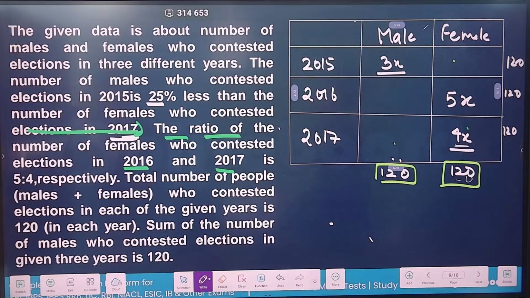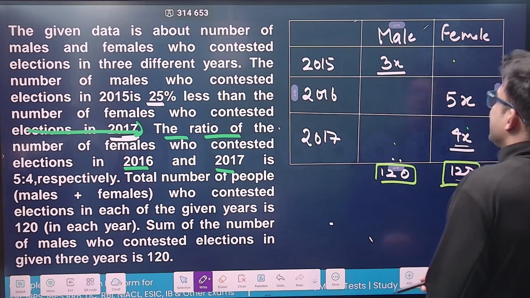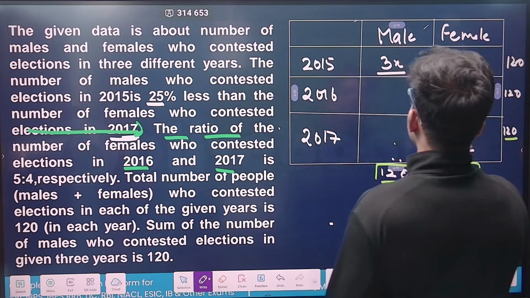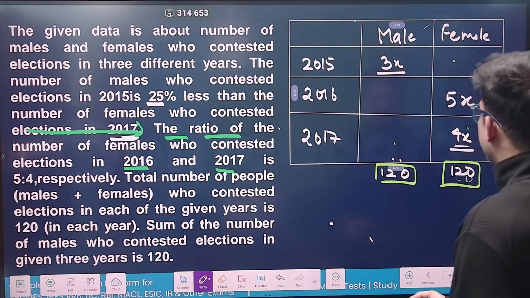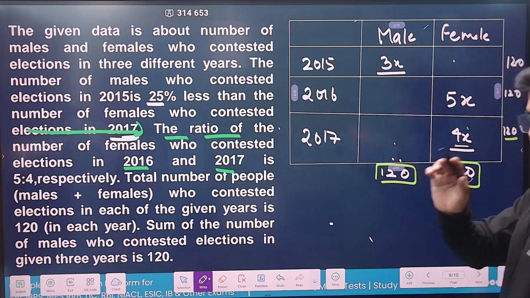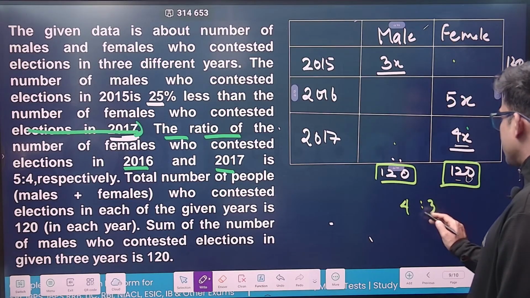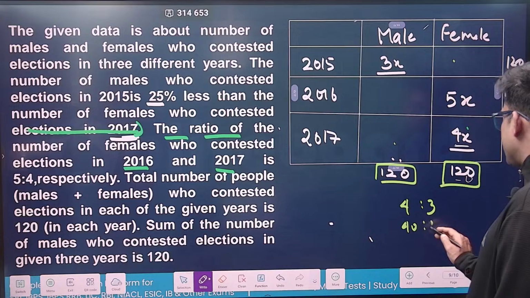Come on, try. See, now you can think that if the sum is like 120 and this is 25% less, so can I say either this value would be, see, you need to understand, either this value would be 4:3, no? So either this value would be 40:30.